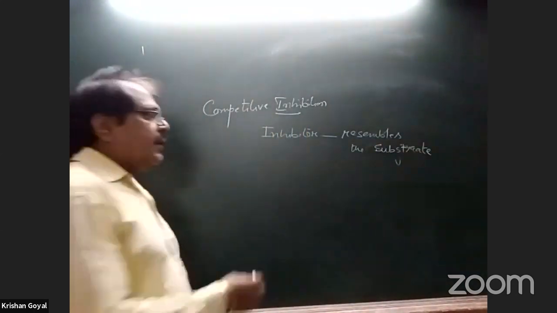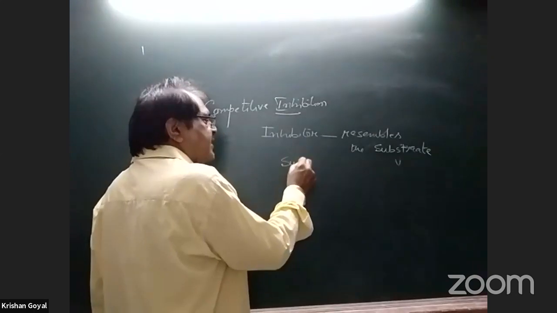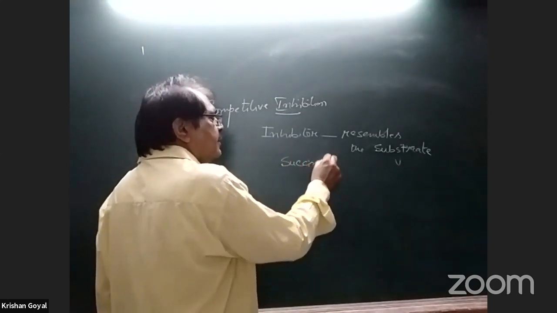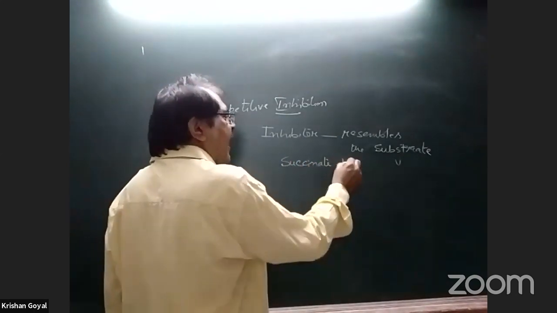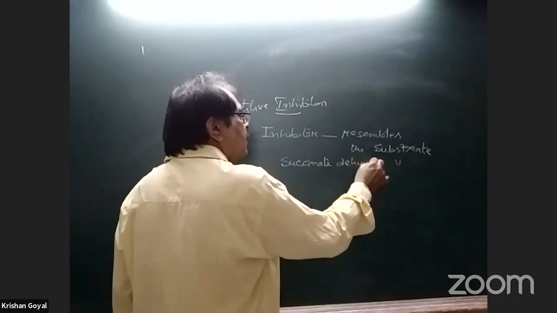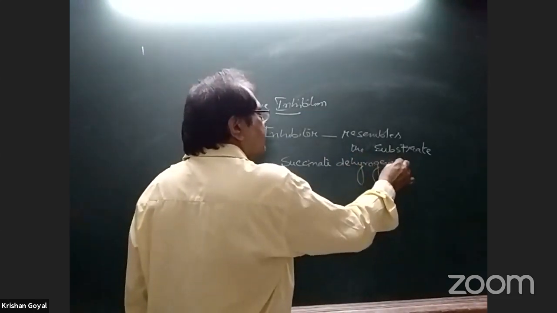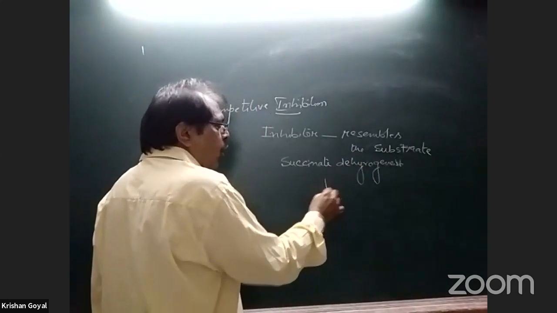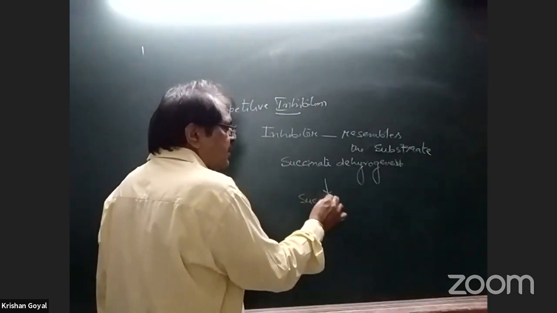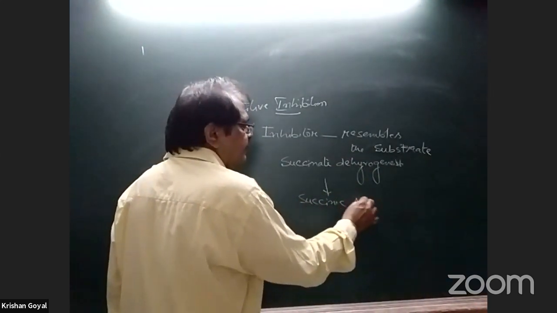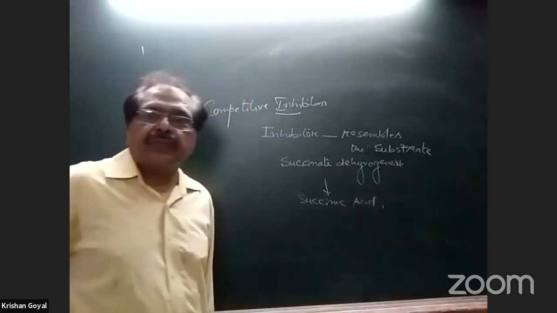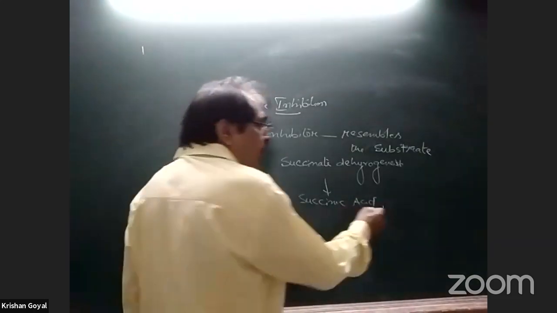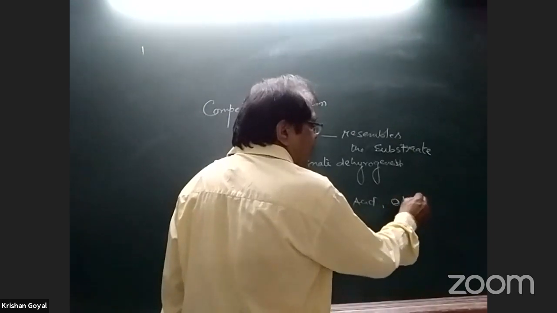For example, succinate dehydrogenase acts on succinic acid. There is one more molecule which is called oxaloacetic acid.